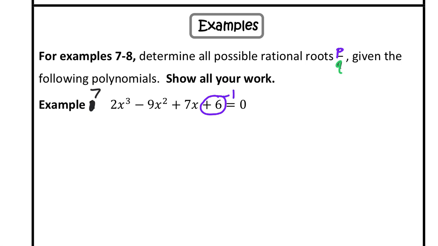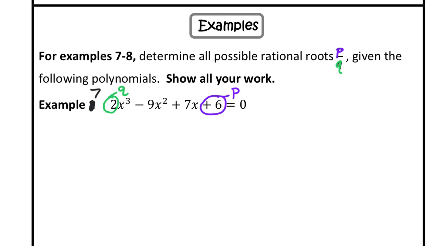This is my p, what we're going to call my p value. And then the q is the number in front of the term with the largest power. So which term has the largest power? The power of 3. What's the number in front of that term? That's 2. So 2 is the value of q.